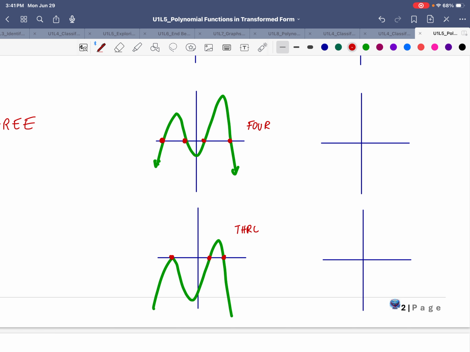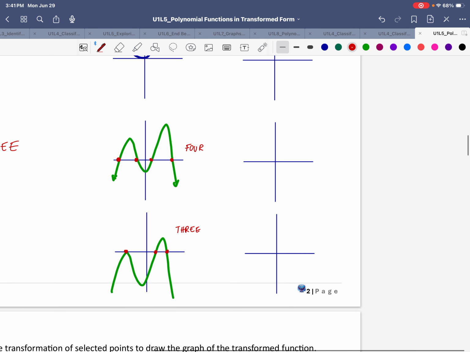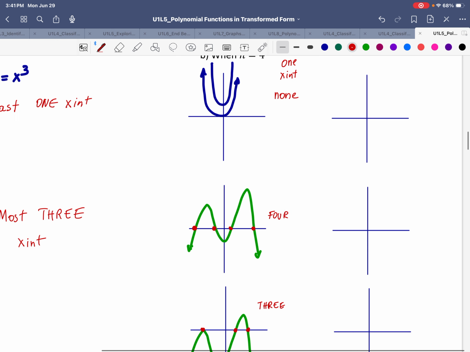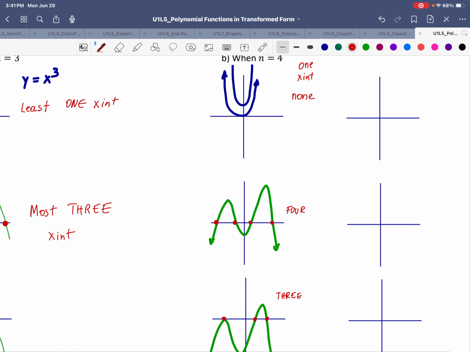In what other ways can we draw the graph of a fourth degree polynomial function? Well, it doesn't really matter if it opens up or down, the intercepts will look the same way. So let's not focus on that for now. Another way we can draw the graph of a polynomial function is by first making a third order root or third order x-intercept. So here are 3 powers, and now I'm going to make a turn.